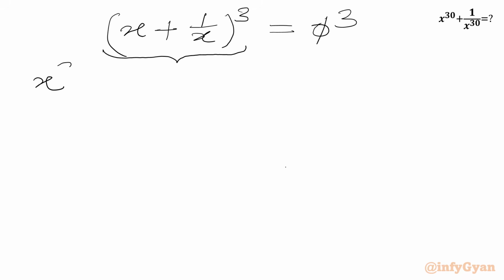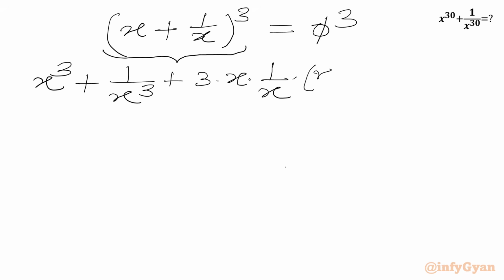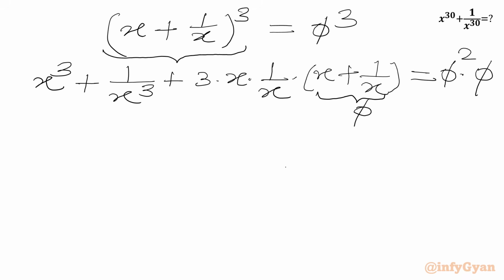So we will get x cube plus 1 over x cube plus 3 times x times 1 over x times x plus 1 over x equal to φ cube. We can write φ square times φ. Now x plus 1 over x is φ. X and x will be cancelled out from numerator denominator.